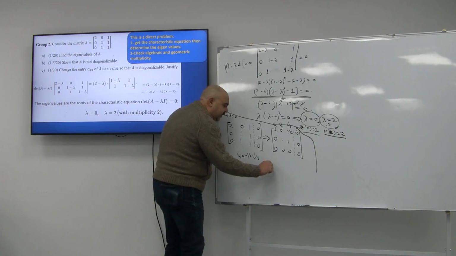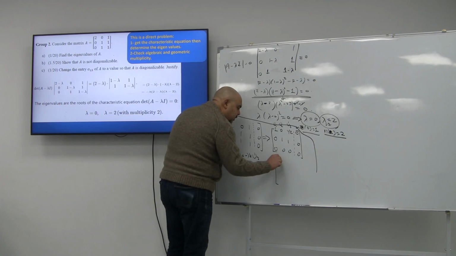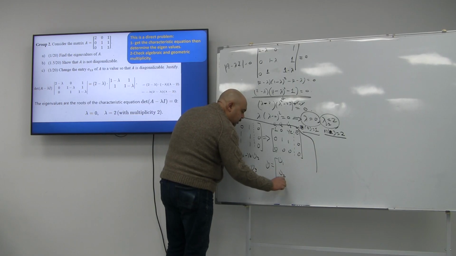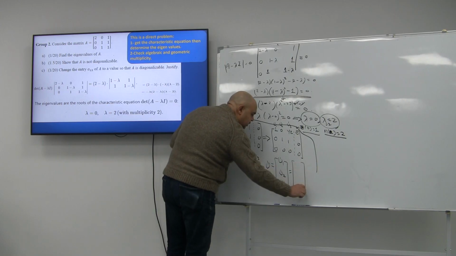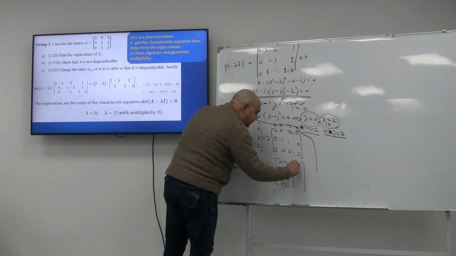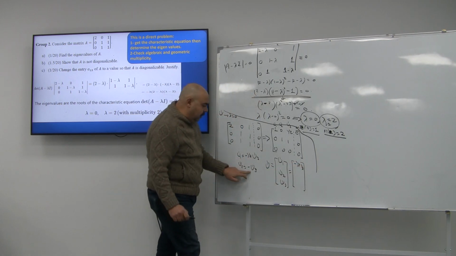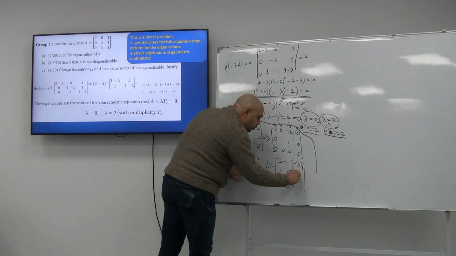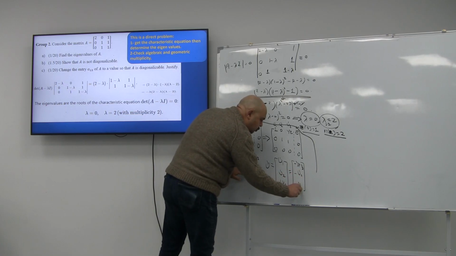So having a vector with 3 components, u11, u12, u13, start substituting these values. u11 will be replaced by negative 1 over 2 u13, and u12 I will replace with negative u13. And this is u13.